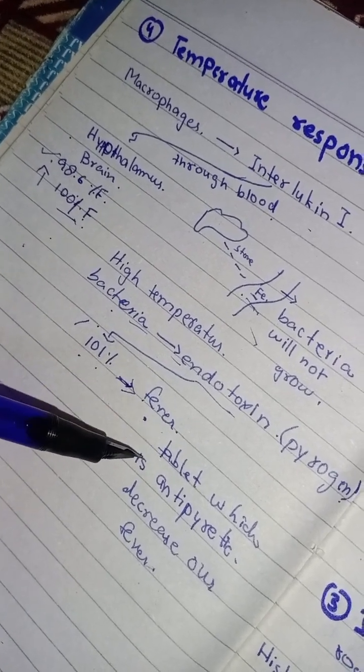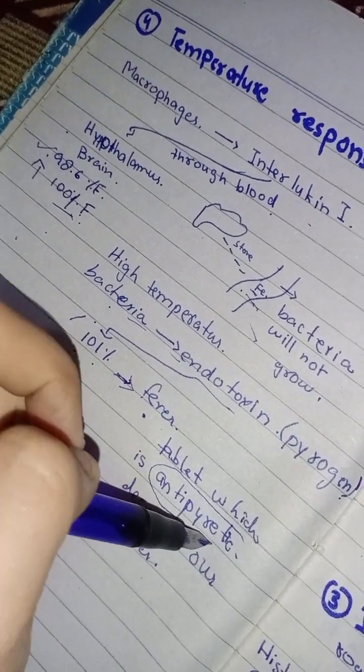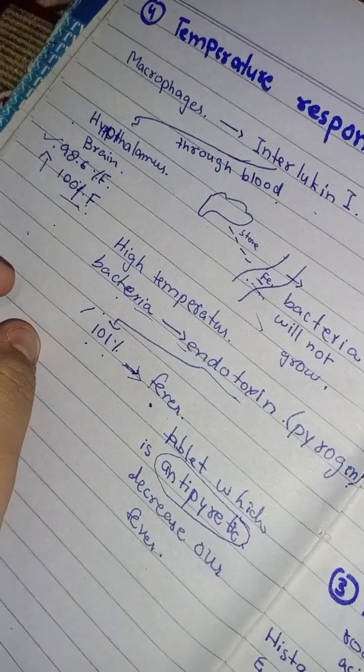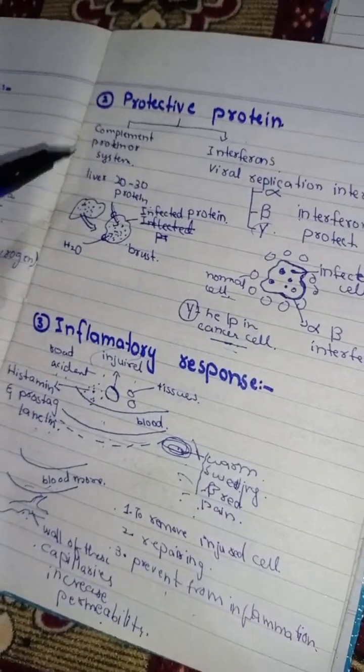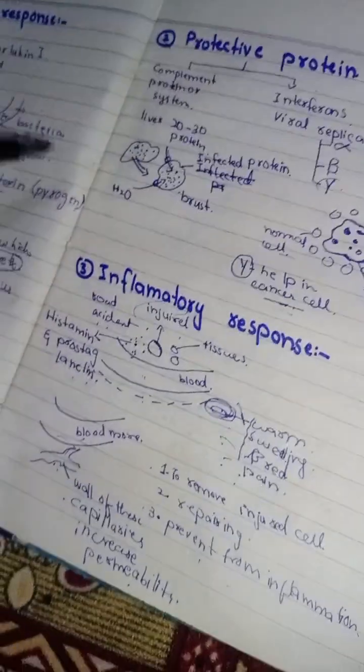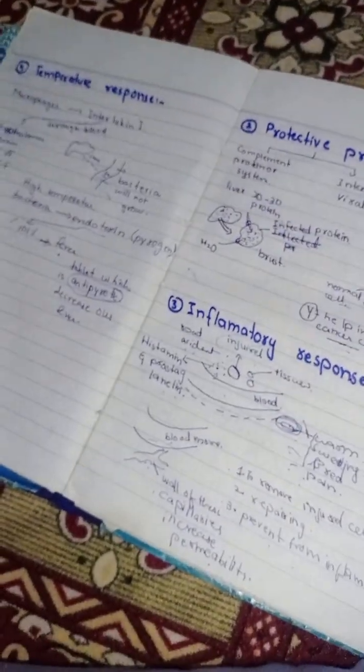The tablet which is an antipyretic will decrease the fever. Okay, so that was the three. First was the protective protein, then interferon, then the fourth one was the temperature response. Got it? Hope you enjoyed.